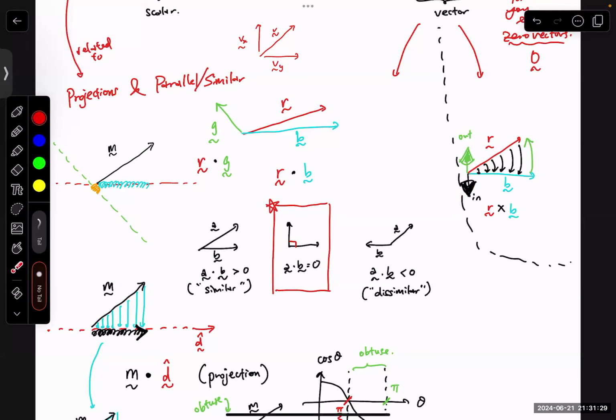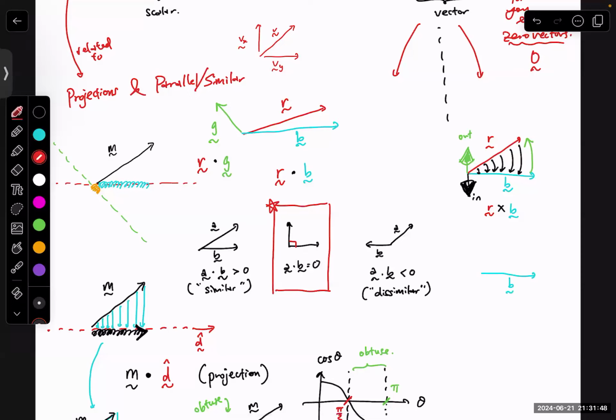vectors will grow. For example, if instead I sweep, let me erase this a little bit. If instead I have a vector B like this, and I sweep to a vector R like that.